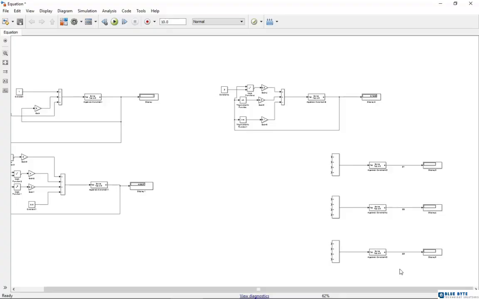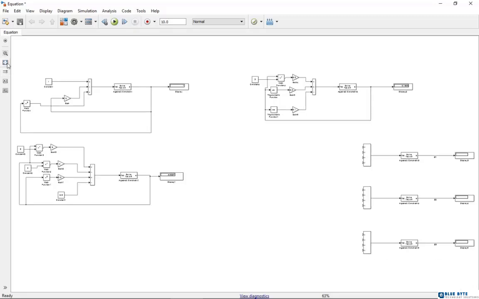In the first equation, we have z1 times a1 plus z2 times a2 plus z3 times a3 plus k.